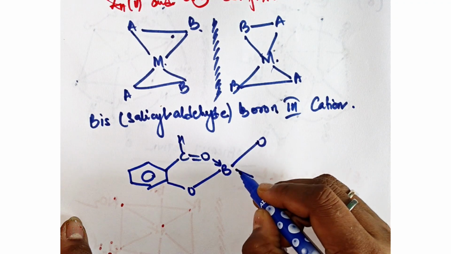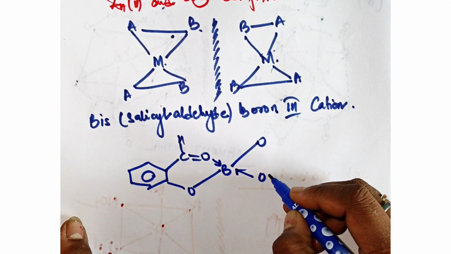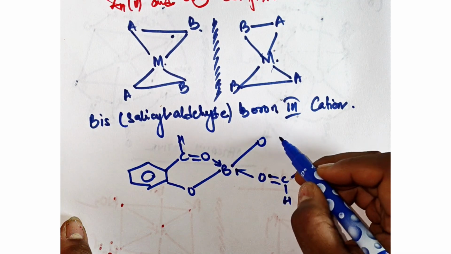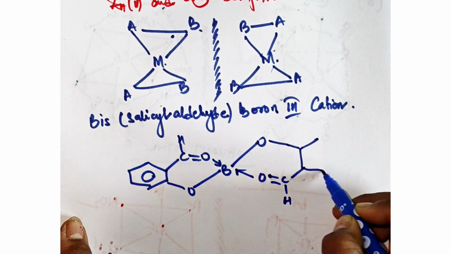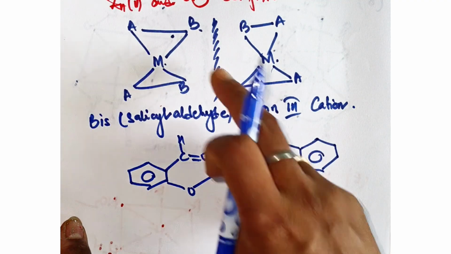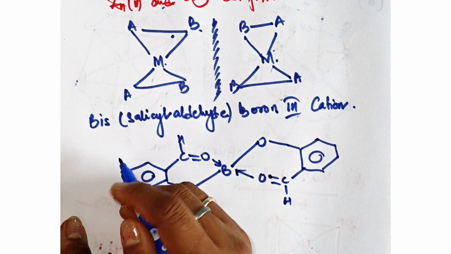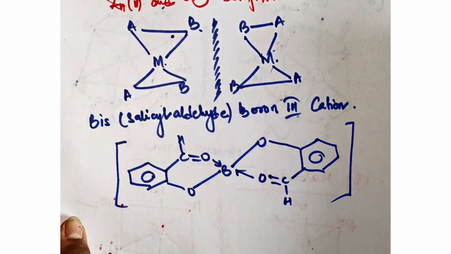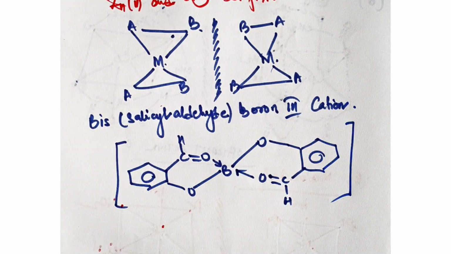This is connected again, and this oxygen is given. So this is the bis structure. See, these two are connected in this fashion. Okay. This completes geometrical isomerism in coordination compounds. Basically, questions come from this topic and these examples which I have taken.